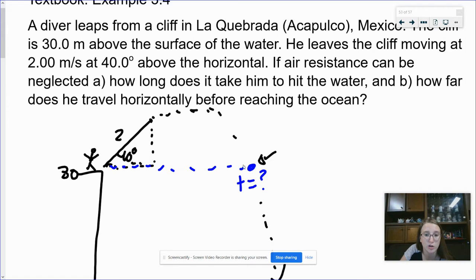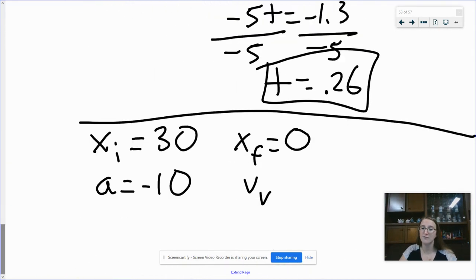It's symmetrical. But here's the difference. Right here, it's an upward 1.3. And right here, it's a downwards 1.3. So we need to change this to be a negative 1.3 coming down. Everything has to be consistent. And if you notice, this makes sense.